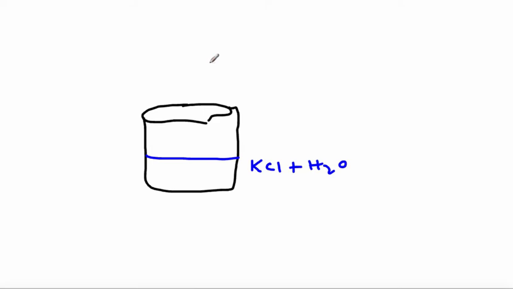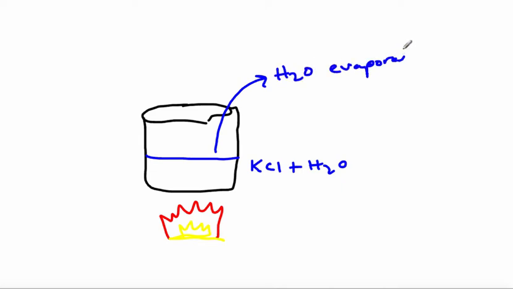What we did to separate the two is we put it under a hot plate. And I'm just going to make a little flame here to symbolize that. What you noticed was the water evaporated, and it evaporated because it has a lower boiling point than the salt did.